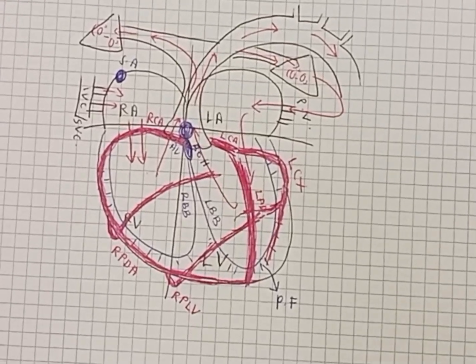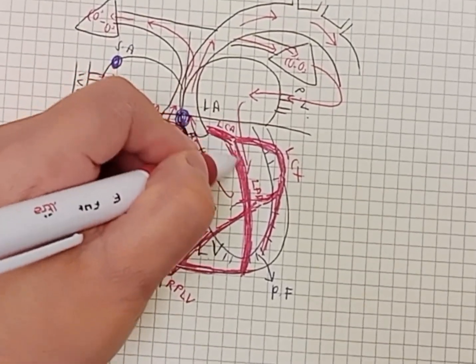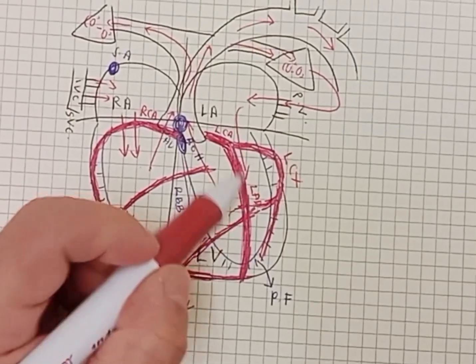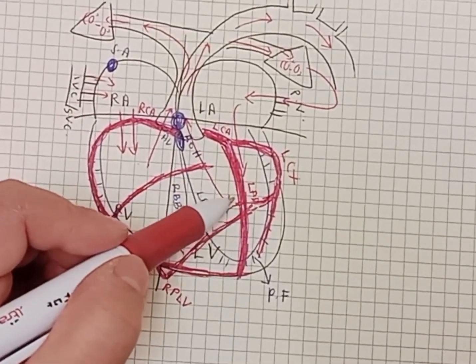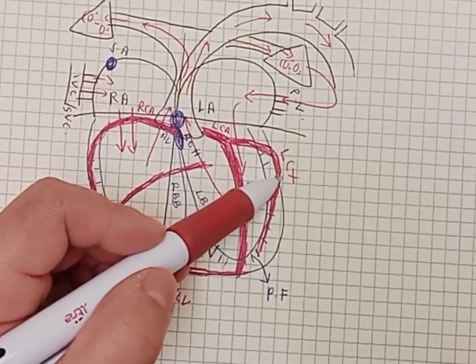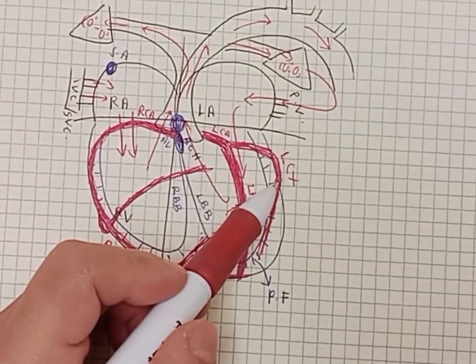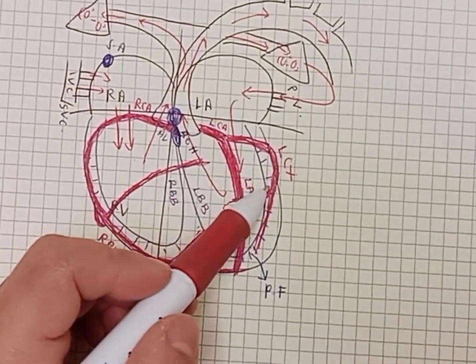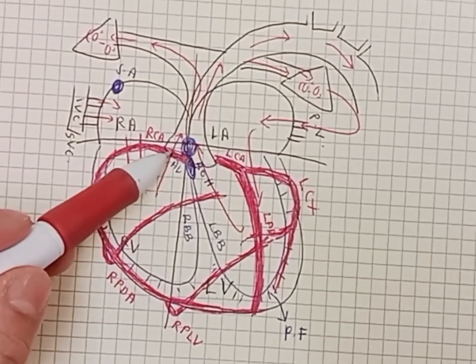So the left main coronary artery is divided into two, which are the LAD and the LCX. The LAD supplies the anterior part of the heart, which is the left ventricle, and the circumflex supplies oxygenated blood to the lateral side of the left ventricle and some to the posterior part of the left ventricle.